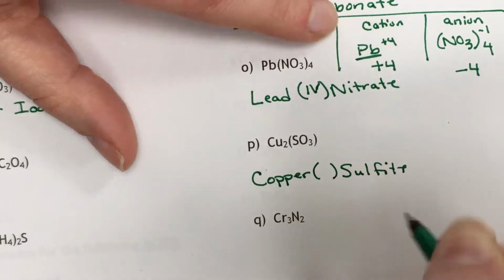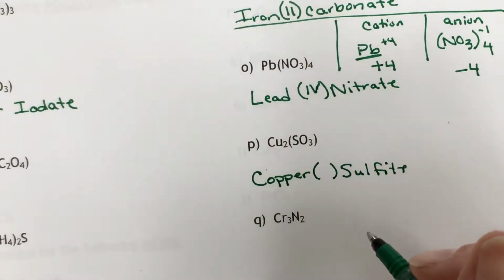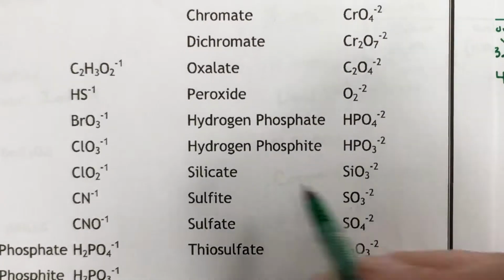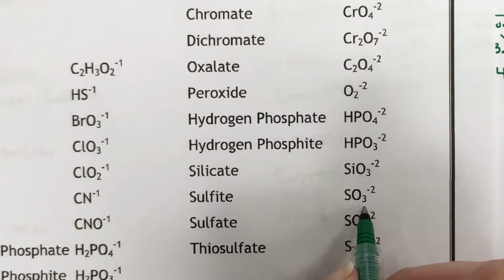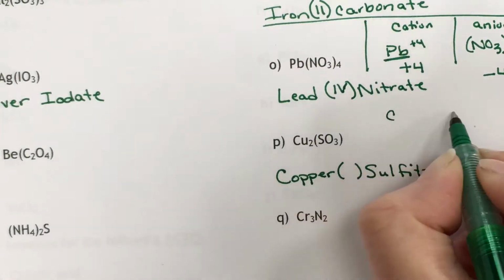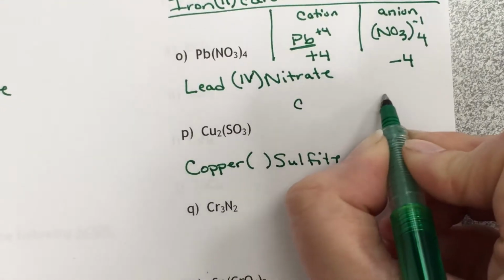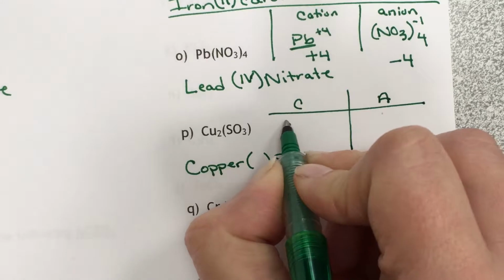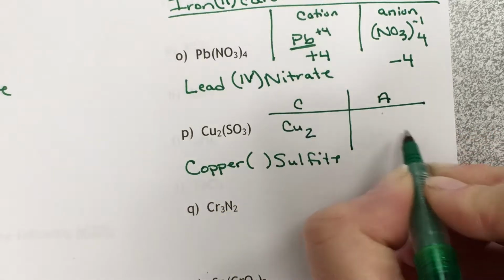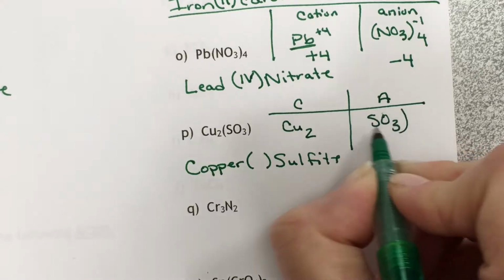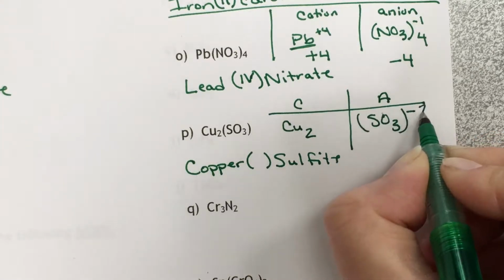Now we need to indicate which charge we're using for copper, if it's +1 or +2, using Roman numerals. So sulfite, if you'll notice, can you see? Sulfite has a -2 charge, okay? So we're going to just do C and A, Ca for cation and anion, okay? So copper we don't know, but we know we have 2 of them. Sulfite, we only have 1 of them, but it is a -2 charge.